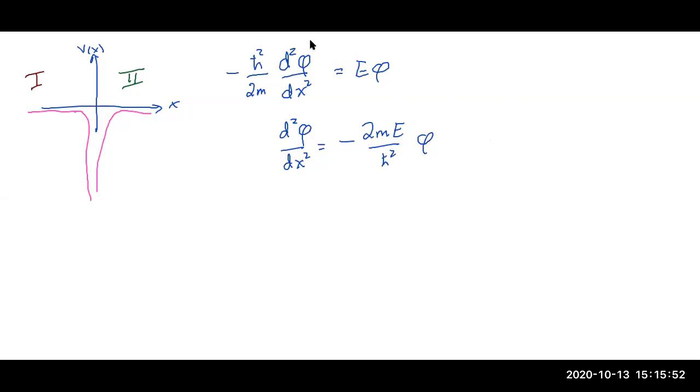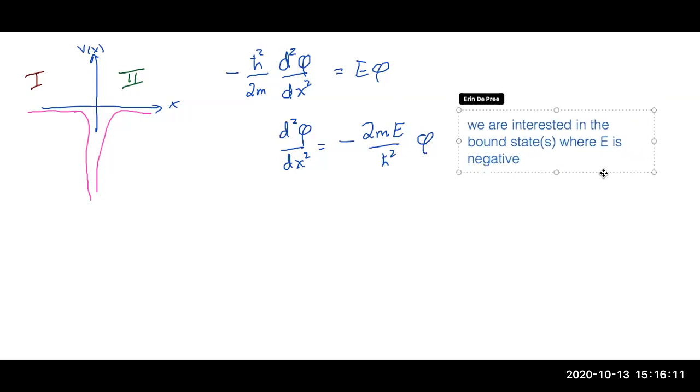Now, one thing to note here is that we are interested in the bound states where E is negative. So these are the trapped states. We're not interested in any of the states that might be up above, that have energy greater than 0. That's the next chapter, chapter 6. Right now, we're interested in what might be caught in the well. So we're going to assume E is negative, which is a reasonable assumption.